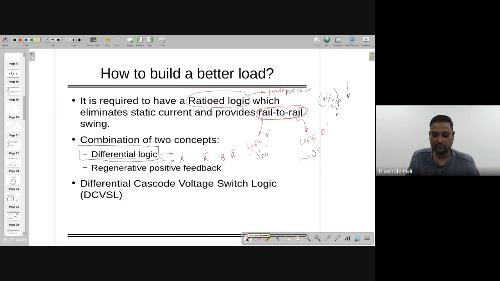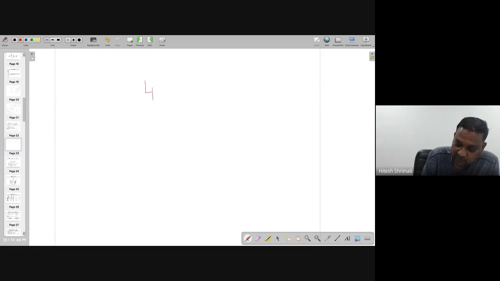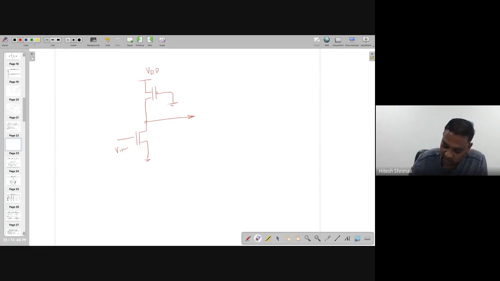And here the whole thing says that let's make it such a way that the load PMOS will not be on every time. Here what is happening when we are doing this, this transistor is always on, and that's why it is asking for the current from the lower device also, and that's why they are fighting each other, and this potential is not reaching 0 volt.